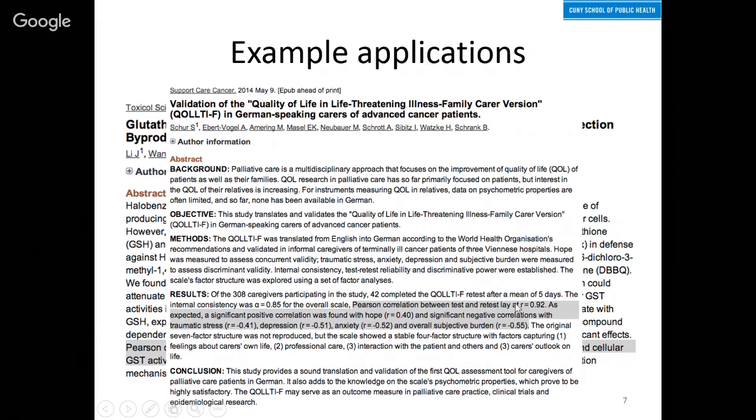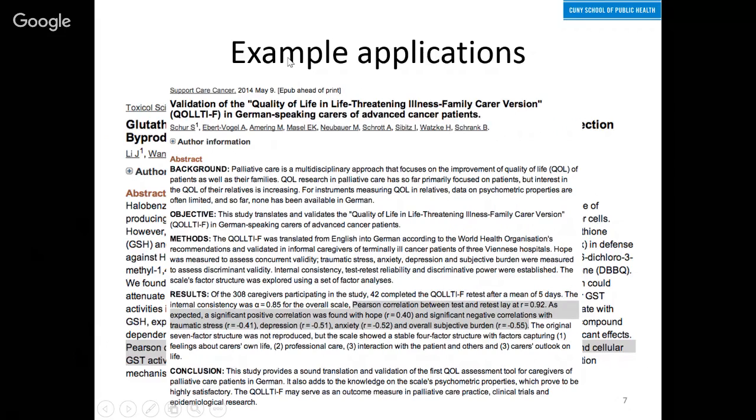We'll find out later what that means, but that's pretty good because the best that you could get here is 1. And as expected, a significant positive correlation was found with hope, R equals 0.4, so this quality of life score is positively correlated with hope, and negatively correlated with traumatic stress, depression, anxiety, and overall subjective burden.